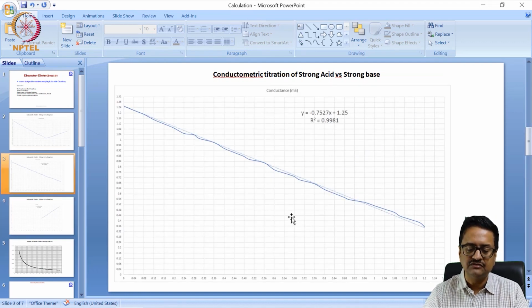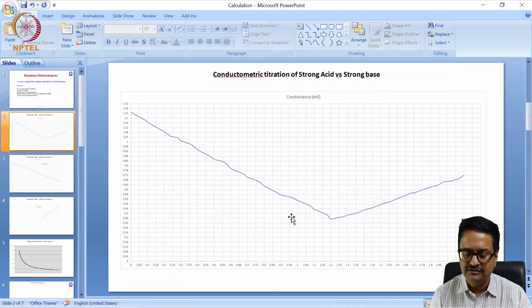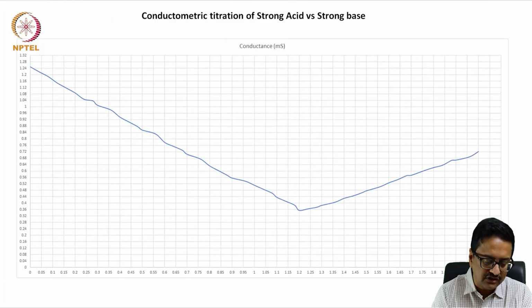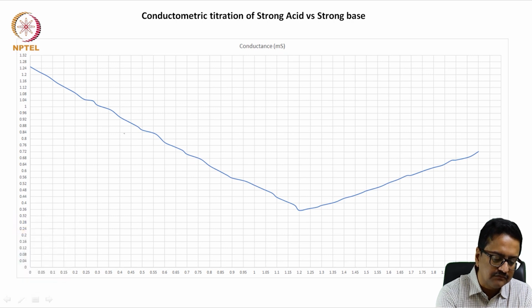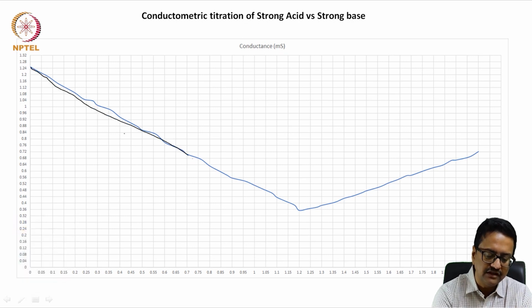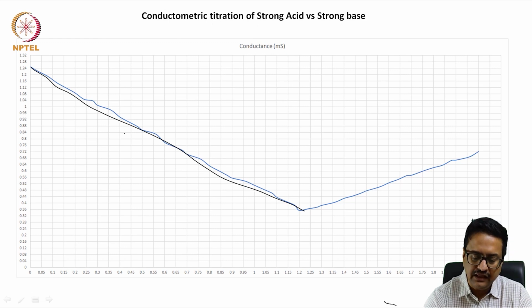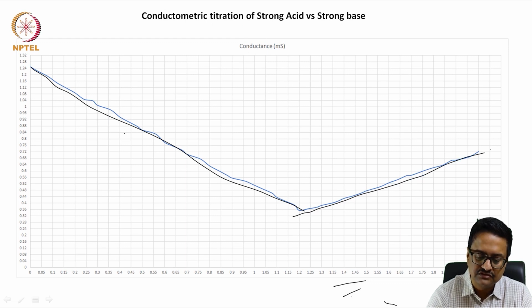The other method using graph paper is for you to draw a straight line from this to that using a scale, and then also draw another straight line using those.